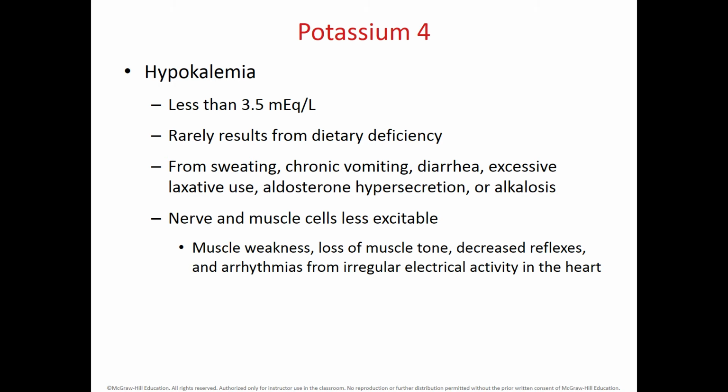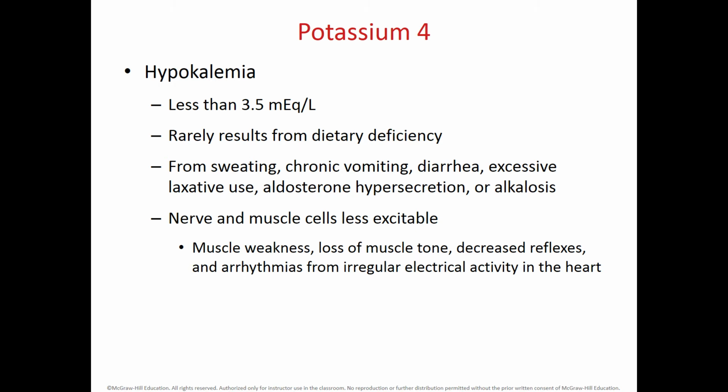Other causes are when someone is sweating, has chronic vomiting or diarrhea, is using excess laxatives, or has increased secretion of aldosterone, possibly because of a tumor within the adrenal gland that secretes aldosterone, or when someone has an imbalance of pH that we call alkalosis.